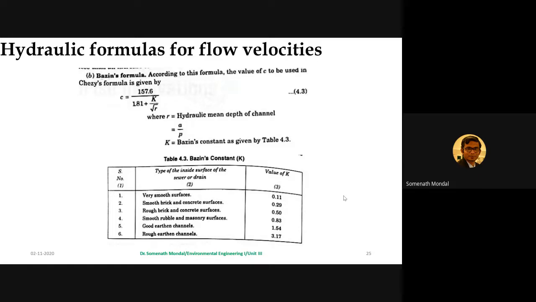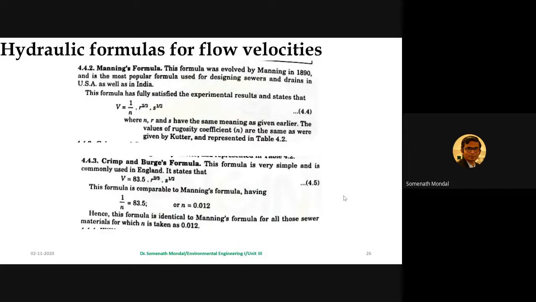The way we discussed in the case of Kutter's, similarly here we have different situations or types of surface for which the value has been given, and you can go through these values and take the one most suitable for the design you are performing. With this, I'll move to the next slide.